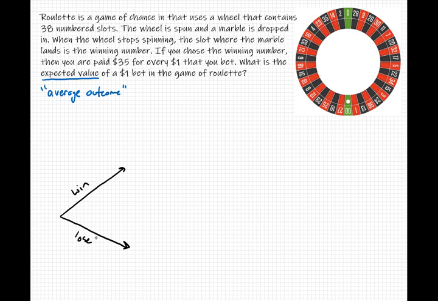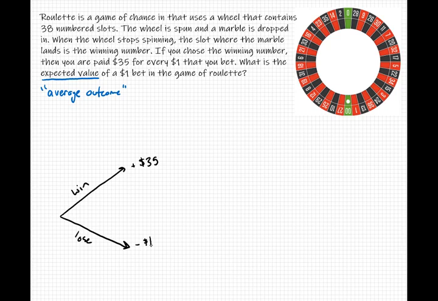And if you win, plus $35. And if you lose, your bet of $1. So there's only two things that could happen. If you bet $1, spin the wheel, marble lands, you either win 35 or you lose your bet.